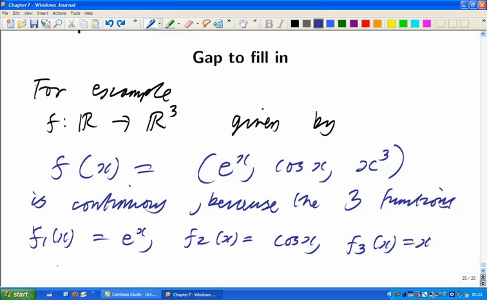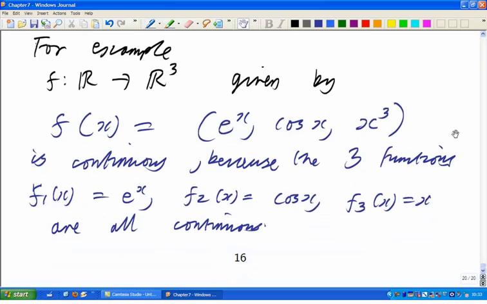And again, what are f1, f2, and f3? f1 of x is equal to e to the x, f2 of x equals cos x, and f3 of x equals x cubed, are all continuous.